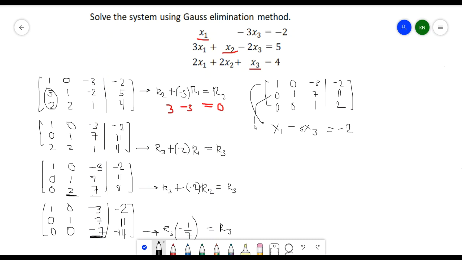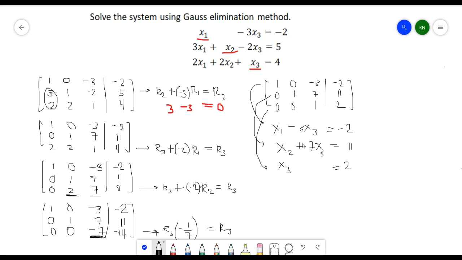For the second equation, we have no x sub 1, so we'll just go with x sub 2. So we have x sub 2 plus 7 x sub 3 is equivalent to 11. And then for the last one, we have x sub 3 is equivalent to 2.